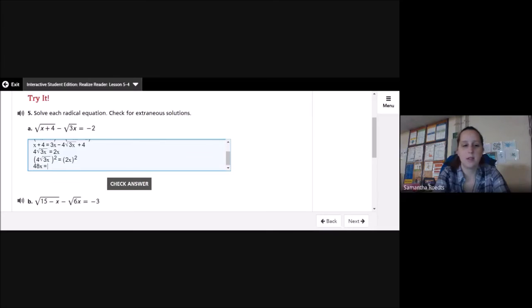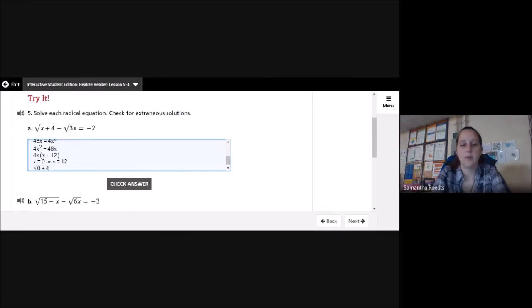4x equals 4x squared. So then I get 4x squared minus 48x. I can factor out a 4x. So I'm left with x minus 12. So x equals 0 or x equals 12. I substitute both of them back in.